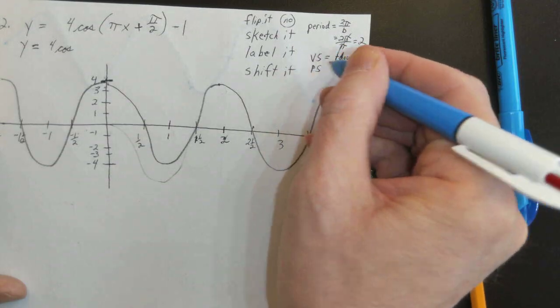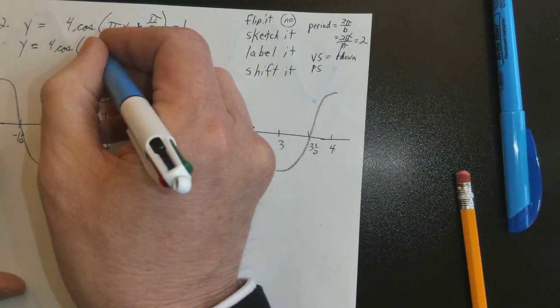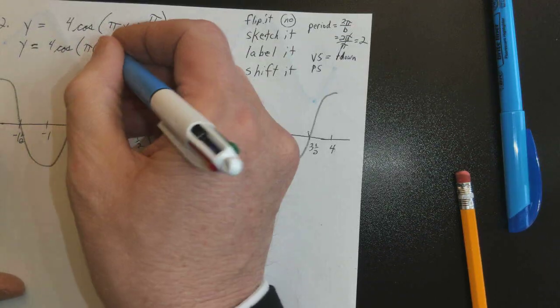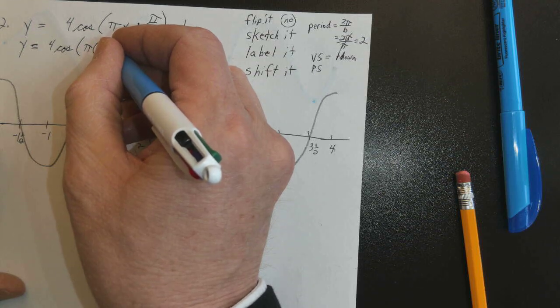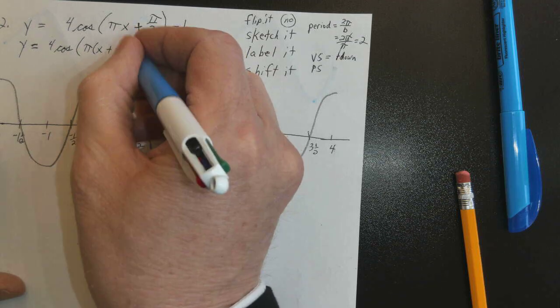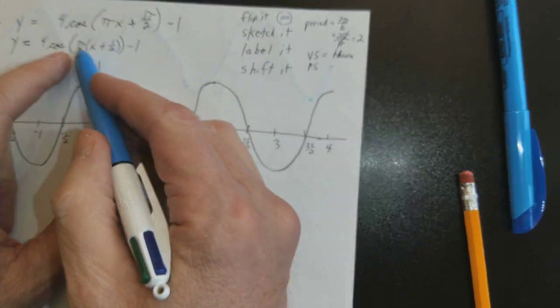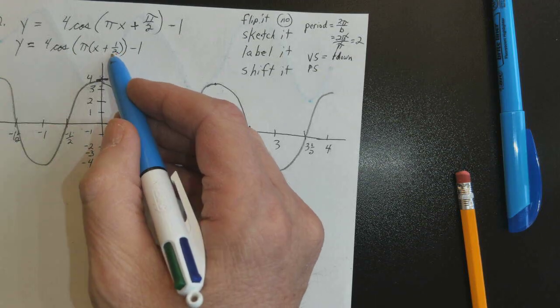And then the phase shift. Let's figure that out real quick. Let's factor out pi. That's the b value. X plus, is everybody good with 1/2? And then -1. If I take pi over 2 divided by pi, I'm going to get 1/2.